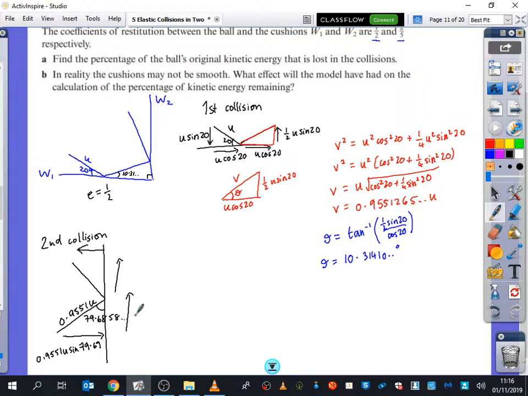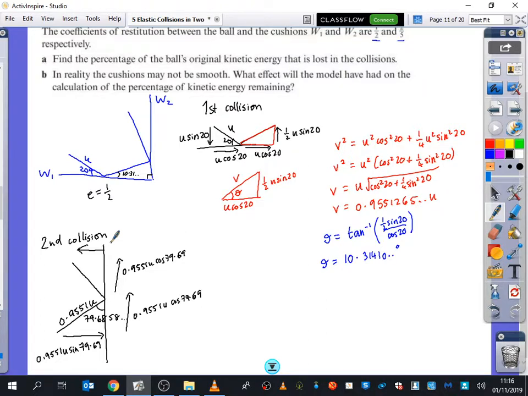And then along here, it's 0.9551 u cos of 79.69. Now we know this one is also going to be that as well, 0.9551 u cos of 79.69. And then this one that we have over here, what would that one be?